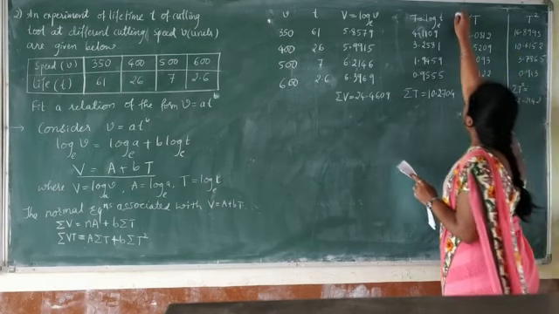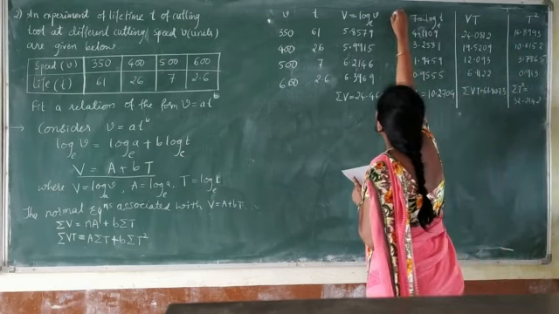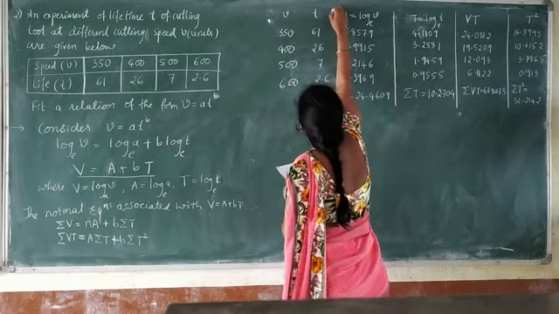Okay, this is the table of required values. Write down the table neatly every time.